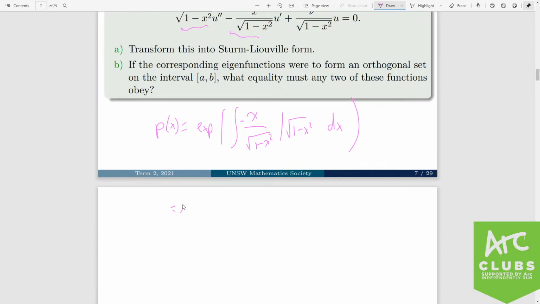So then this becomes the exponential of the integral of minus x divided by 1 minus x squared dx, which is the exponential of half times the log of 1 minus x squared, and we ignore the integration constant. This just becomes the square root of 1 minus x squared. And this is our first term here, which is nice.